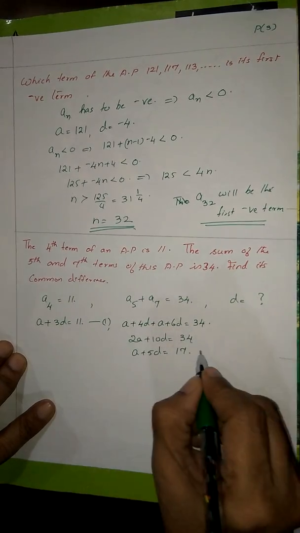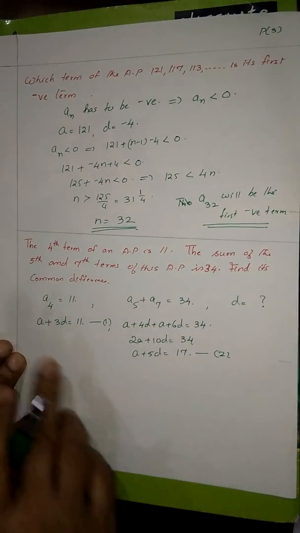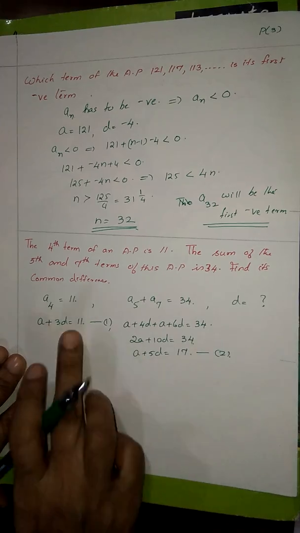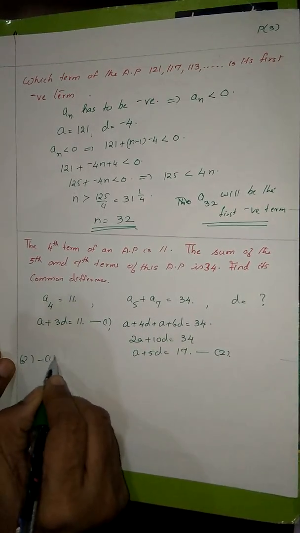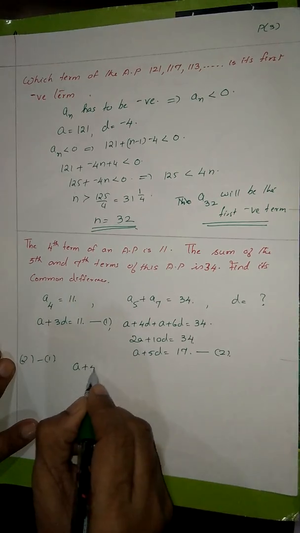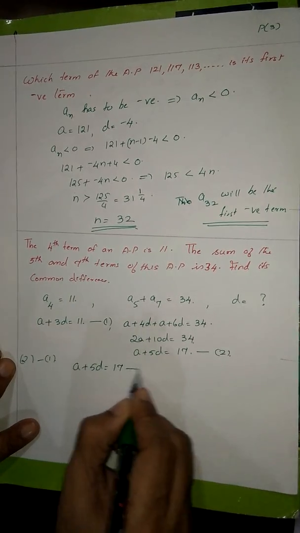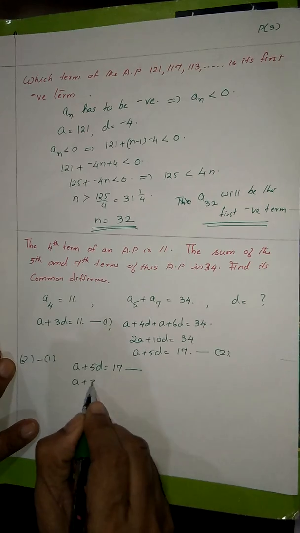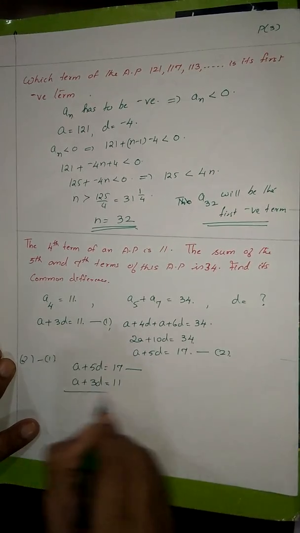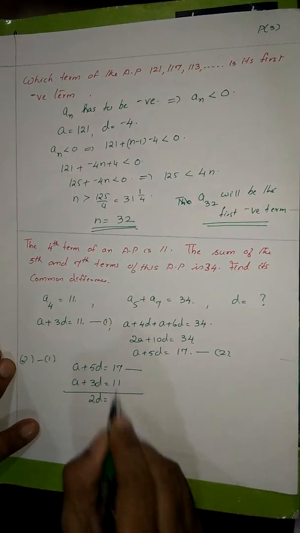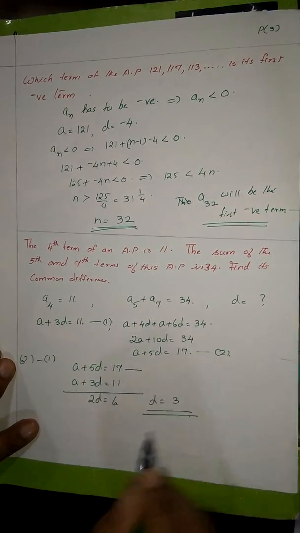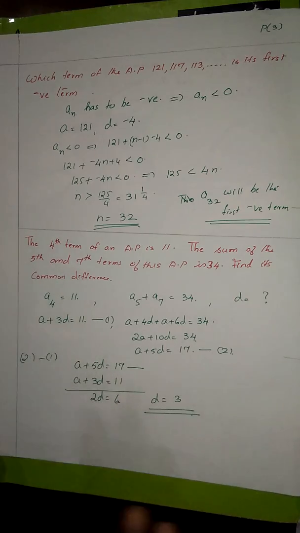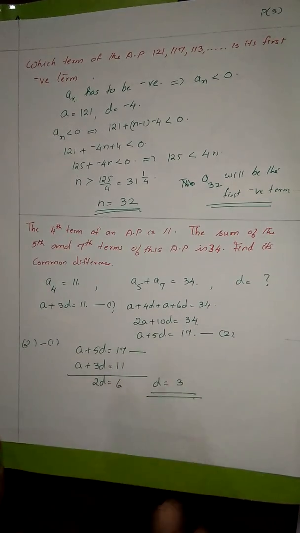This is 1 and this is 2. Now again you have two equations and two unknowns. So we will subtract 2 minus 1. So A plus 5D equal to 17 minus A plus 3D equal to 11. You get 2D is equal to 6. So D is equal to 3. So the common difference D is equal to 3.